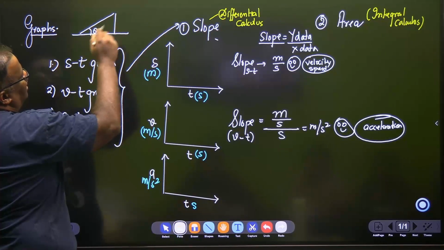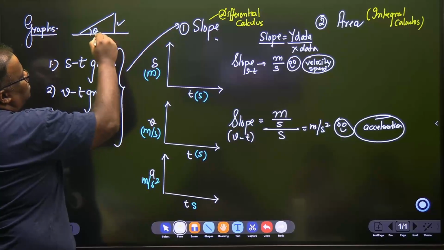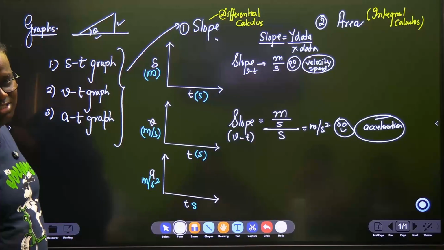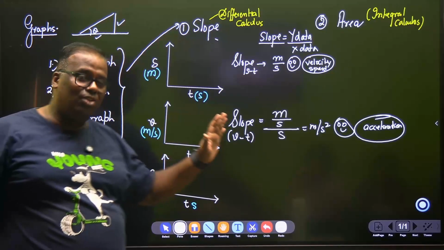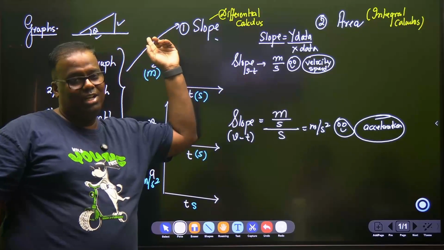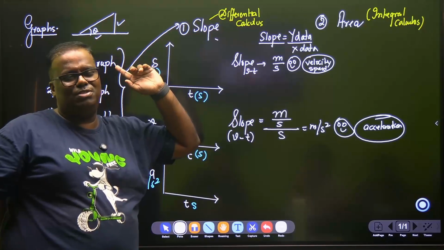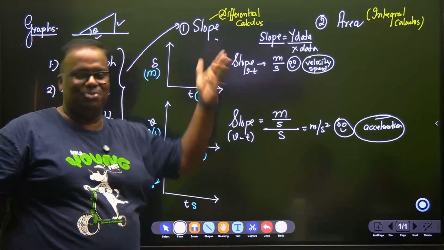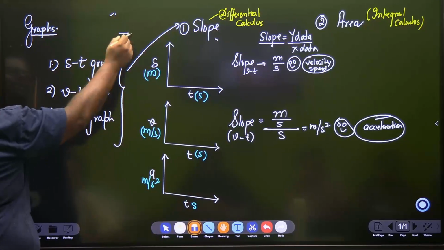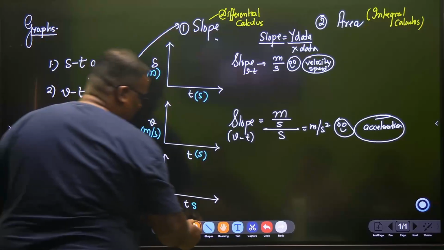So in other way, this by this is also called tan theta. So the slope is also tan of the angle. The slope is also the derivative out there. And since we are very small kiddos, for us the slope is rise over run. All of this will come in higher level classes. You don't need to break your head now.